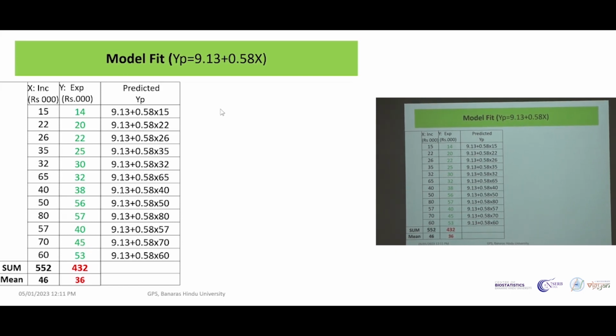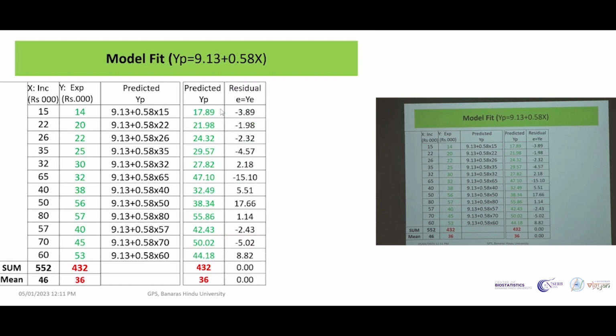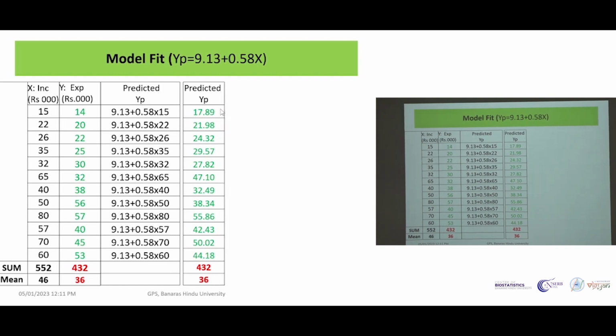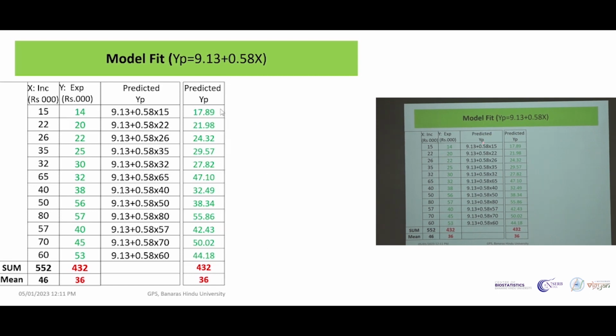If my model is correct for the real Y, then here should be 14, here should be 25.